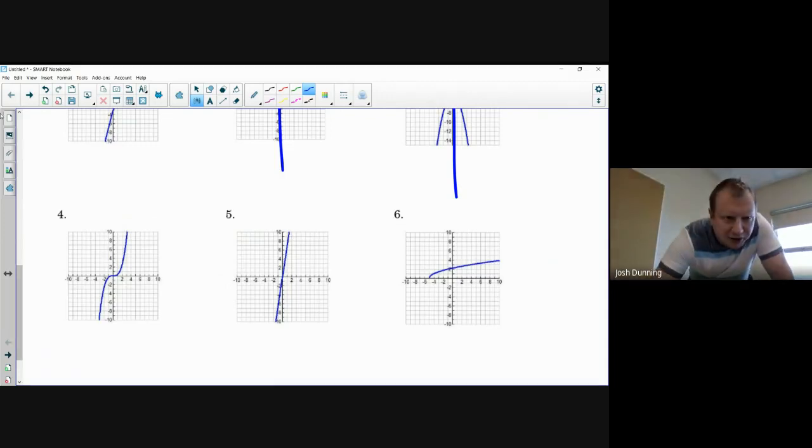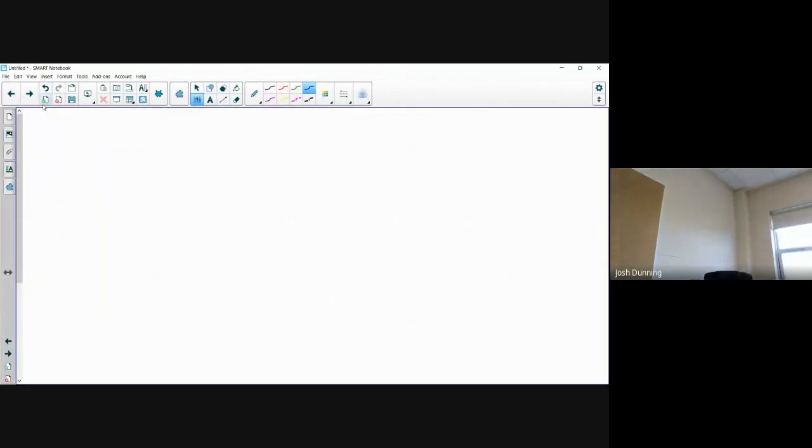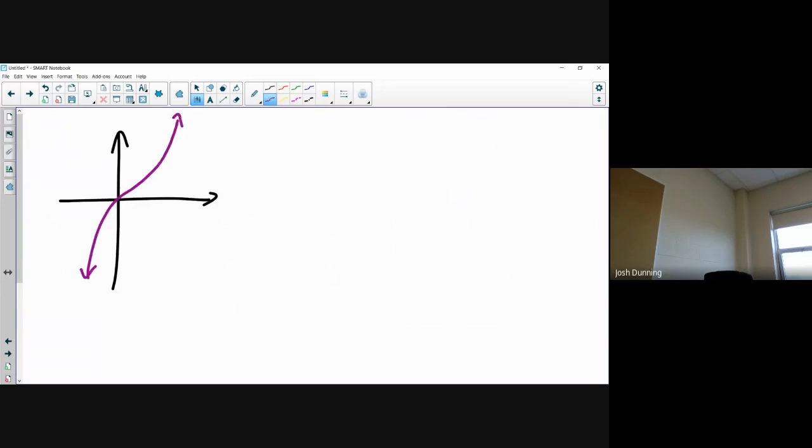And I'll do another sketch of this one for 4. 4 is actually an x cubed graph. That's why I said this works better with a mouse. Let's see. All right.